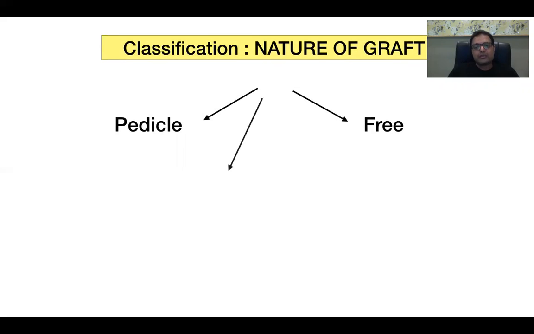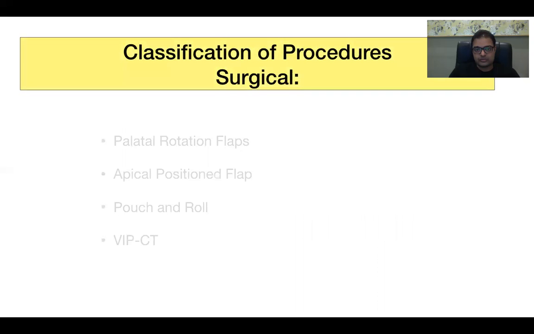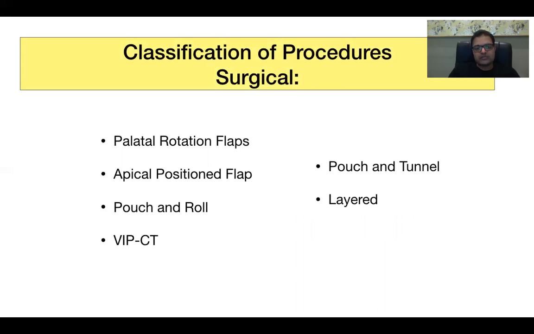Now, what are the different types of soft tissue grafting or procedures we do? The soft tissue grafting can be a pedicle graft, a free graft, mucosal or de-epithelialized, also known as connective tissue grafts. On a surgical procedure classification, this is my own personal classification.